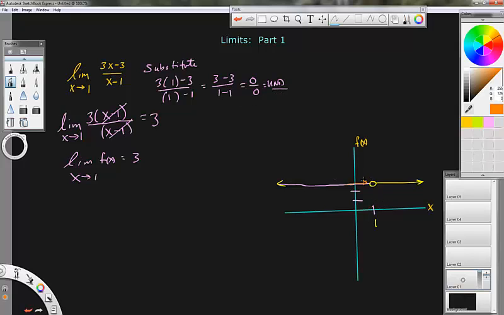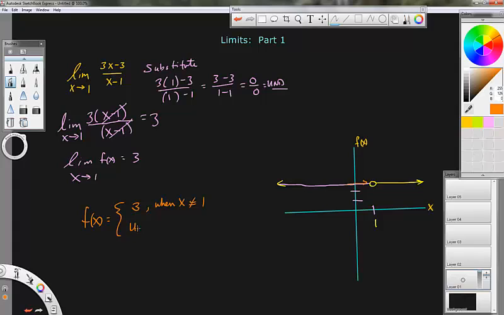So we could express this as the following. F of x equals, so this function here equals 3 when x is not equal to 1. That would be a correct statement to say there. The function equals 3 when x is not 1.